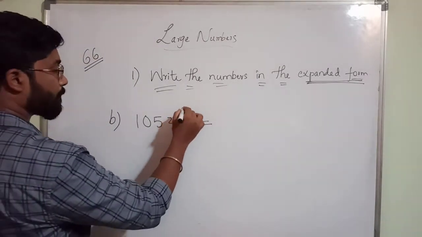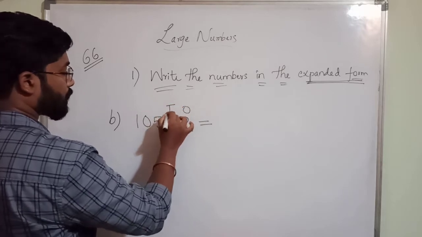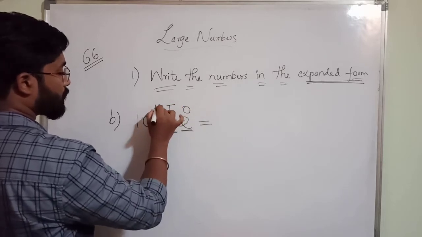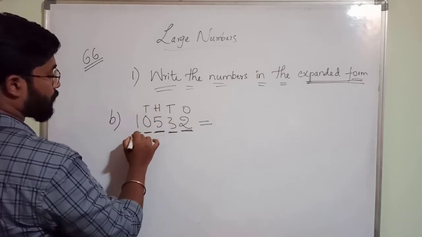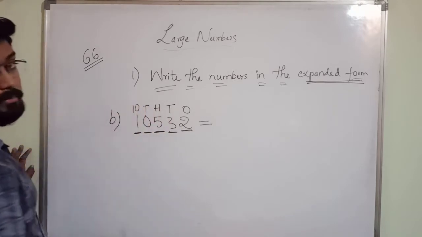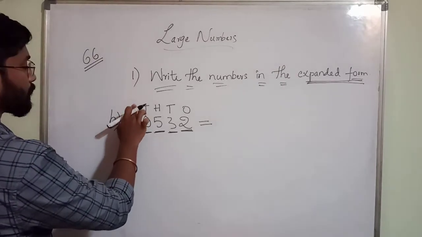What is this? Ones, tens, hundreds, thousands, 10,000. Clear? This one is 10,000.